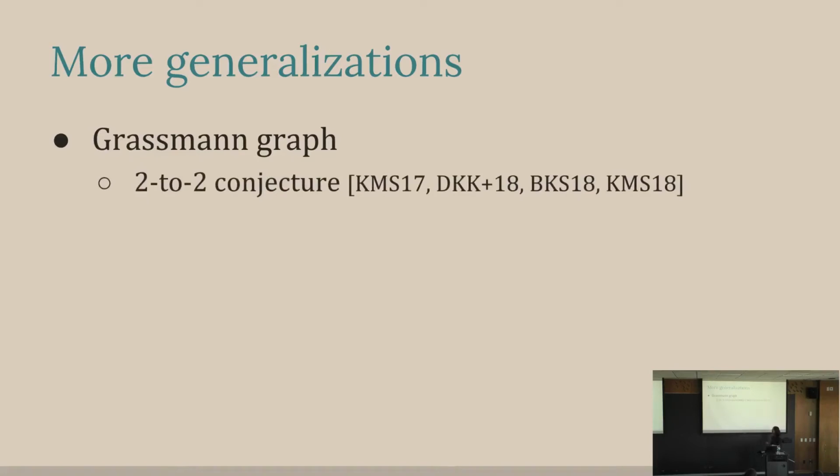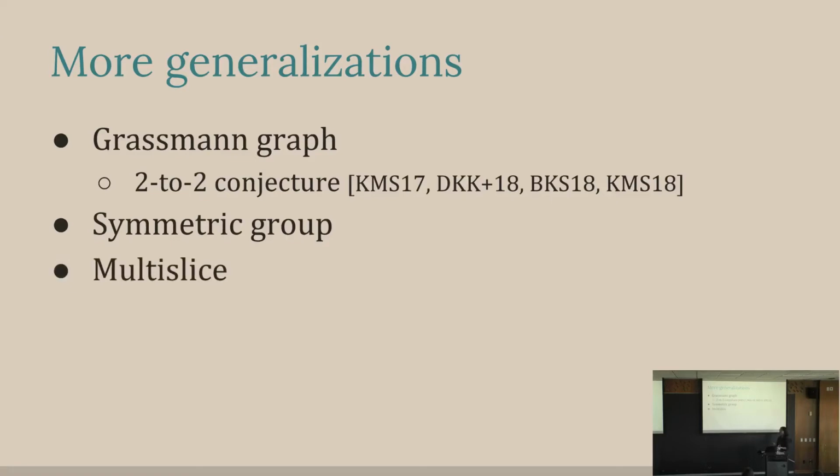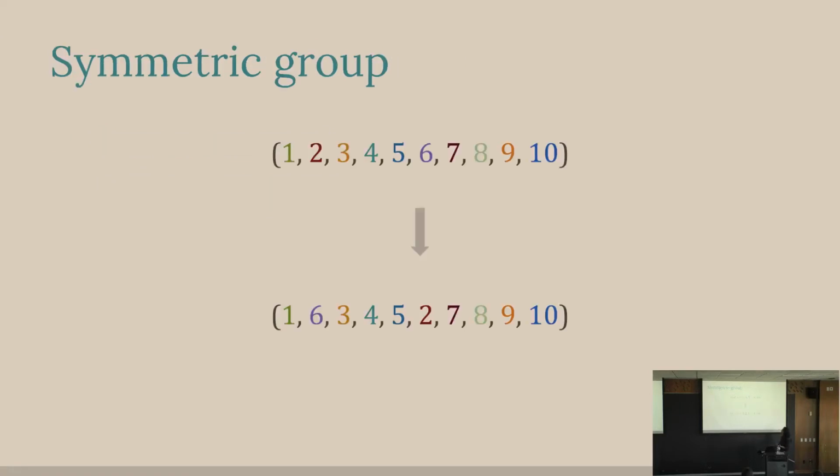For example, there's this algebraic structure called the Grassmann graph that was used a lot in the recent proof of the 2-to-2 games conjecture. And we can also look at the Markov chain defined on the symmetric group and the multislice, which I'll define now.